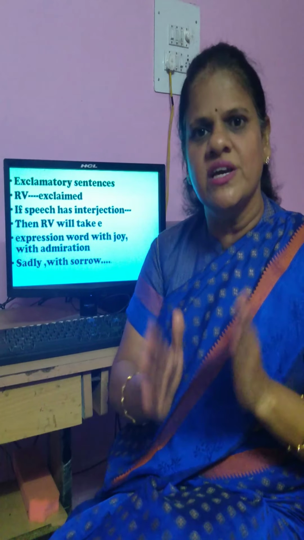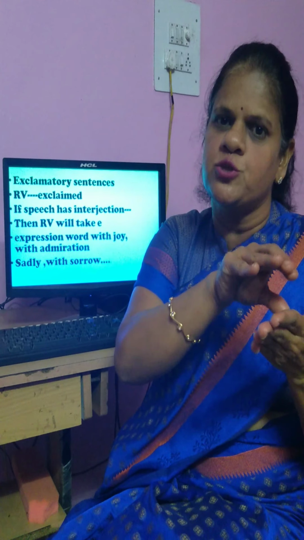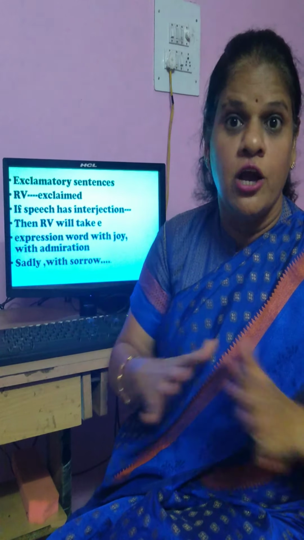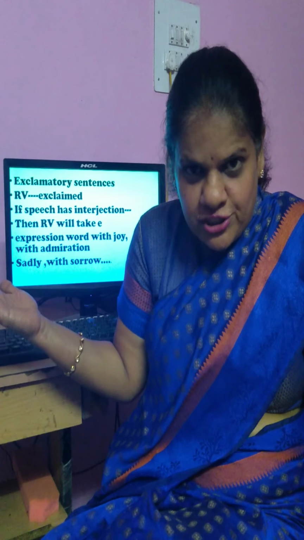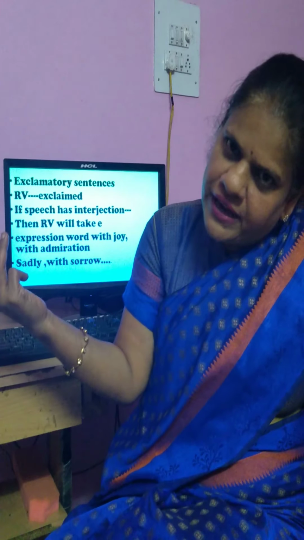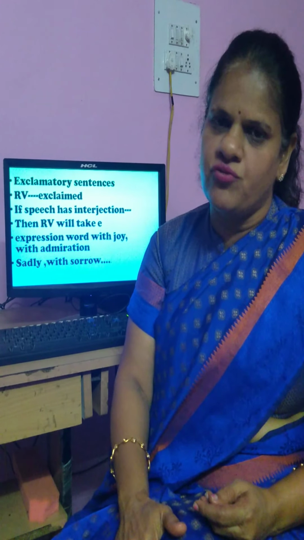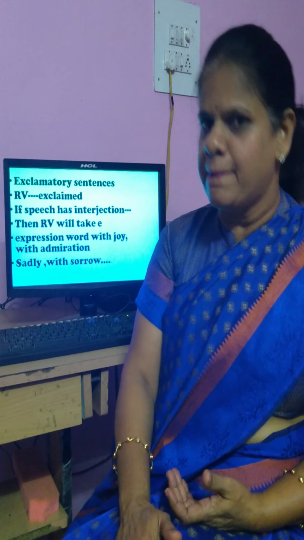Again, you need not write what a beautiful building. He is just saying that it is a beautiful building. So when we change it, you just add the expression word in place of what. When he is saying what with expression, you add that expression word to the reporting verb, so you can understand what kind of mood he was in when he spoke that sentence. So the expression word is happiness.